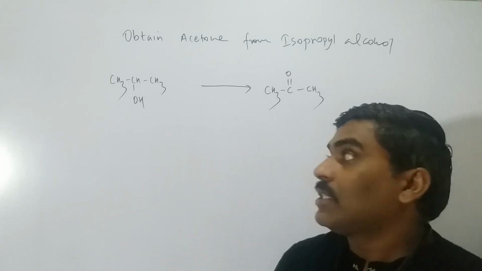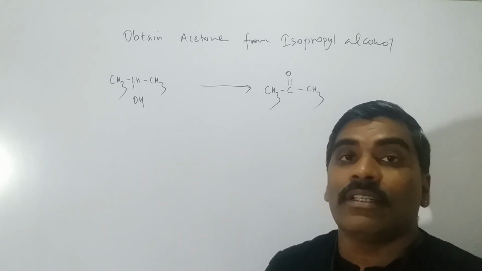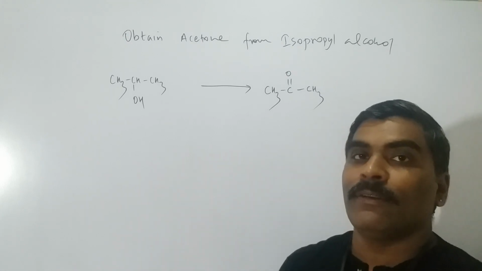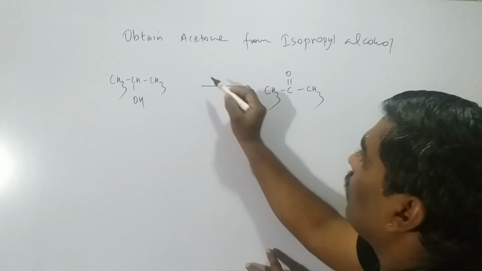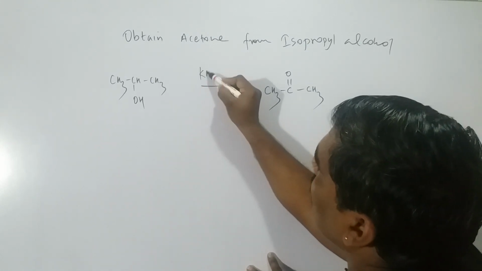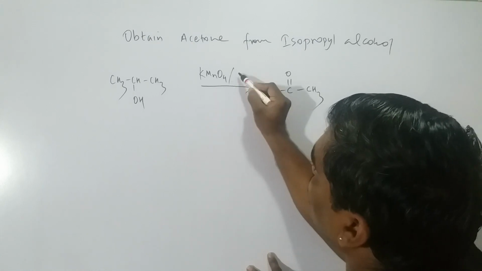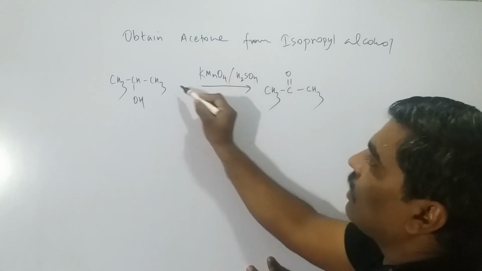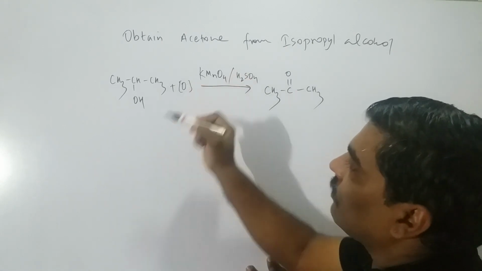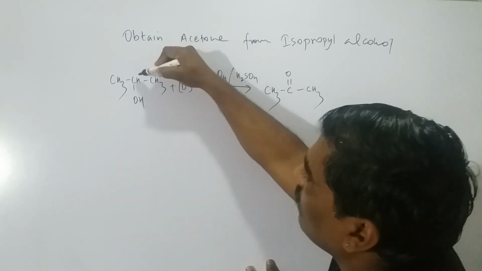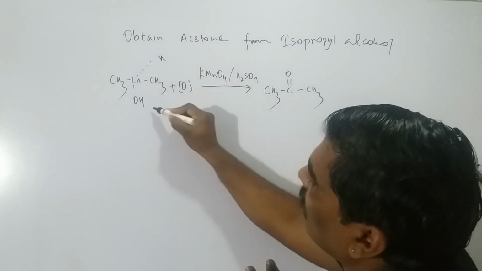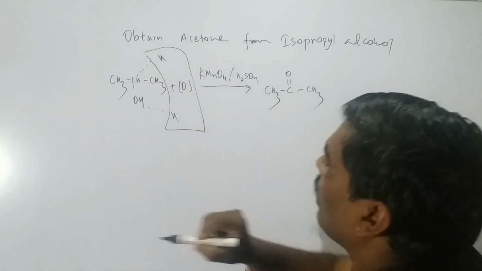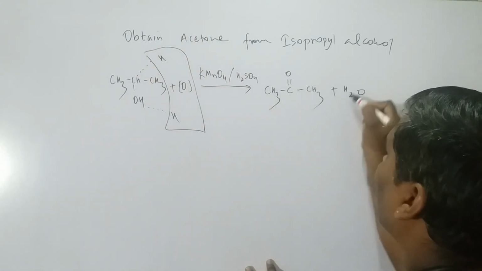Now here, see, in primary alcohol we didn't use acidified potassium dichromate, but here it can be done. Here we can write potassium permanganate and sulfuric acid, which produces oxygen here, and the rest you know: hydrogen comes out from the alpha carbon, and from the functional group a water molecule is given out.